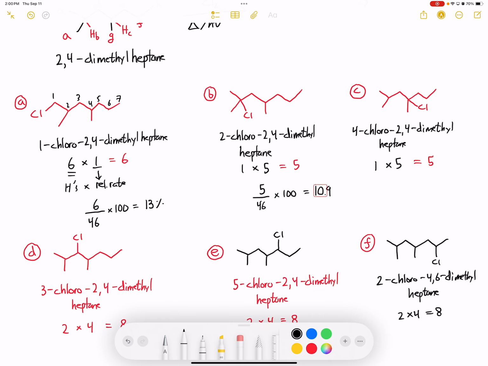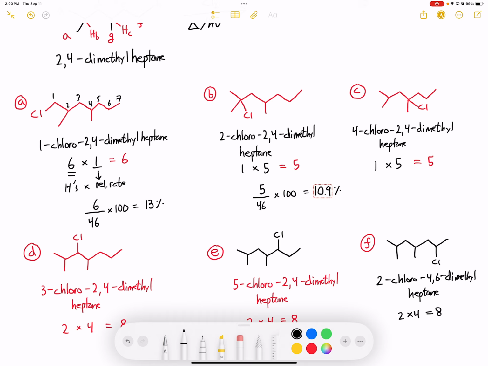So you notice here that we have 8 of these structures, and if they all add up to 100%, I don't think any one of them is going to be that much greater than the other. Okay, so this is where chlorination kind of fails. If you were only wanting one product, from a synthesis perspective, this is atrocious. Okay, but if you're trying to make, like, a mixture of solvents for other purposes, it might have been okay.